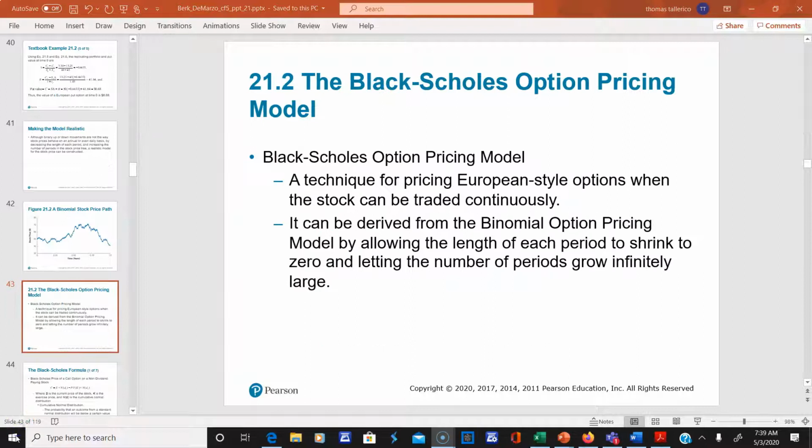So I want to move on now to the Black-Scholes model. The Black-Scholes model, as I said, came about in like 1973, and ultimately, 25 years later, a Nobel Prize was issued for the model because it basically created the option industry.